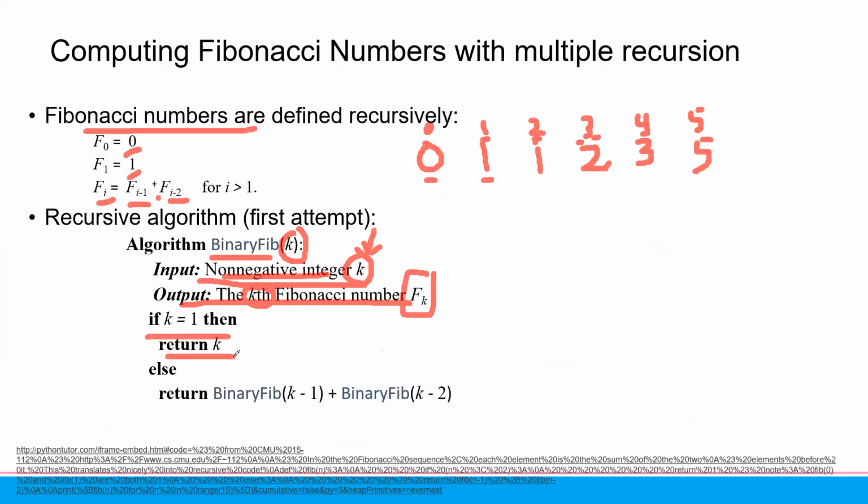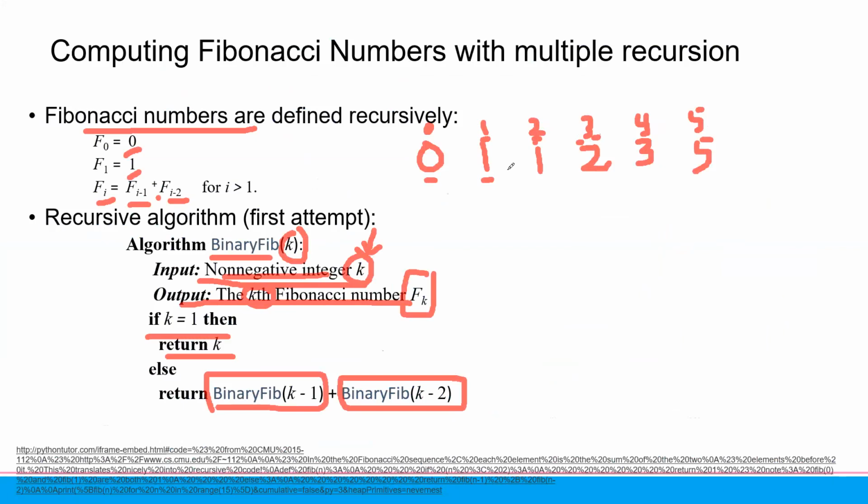If k equals 1, then just return k. If not, then I will do the binary Fibonacci k minus 1 plus I will do the binary Fibonacci k minus 2.